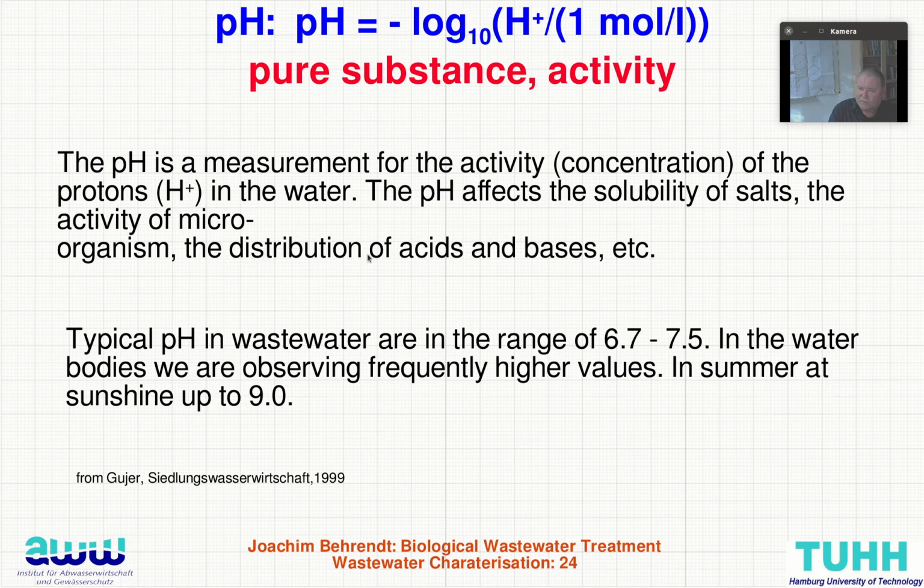The typical range in wastewater is between 6.7 and 7.5. Sometimes in water bodies we observe higher pHs due to algae growth. The definition is the negative logarithm to the base of 10 of the concentration of protons in the unit of 1 mole per liter.